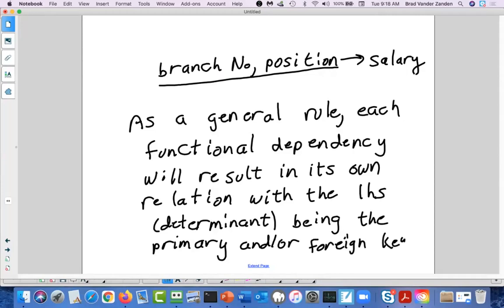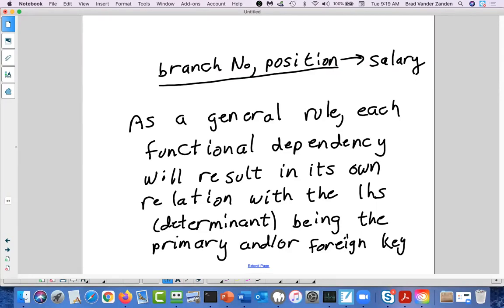So that's just a general rule. There will be some exceptions to it, but this is a good general rule that each functional dependency that you identify will result in those attributes being in their own relation, and the left-hand side determinant being either the primary key or a foreign key or both.